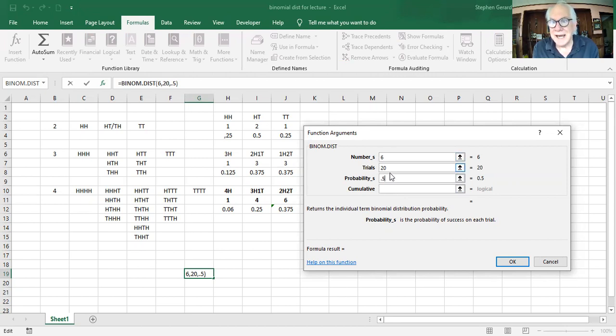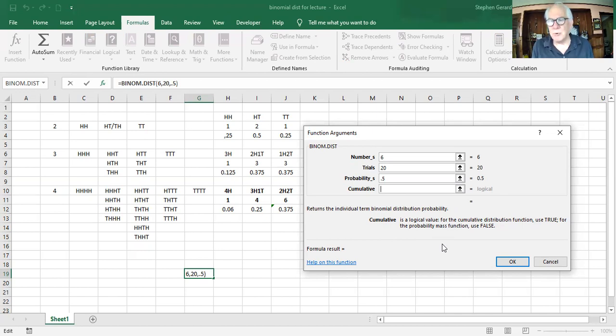If I said exactly, that's what I call, they don't use the same word here. They use the mass function when they talk about this in the dialog box. But I think of it as the point probability, the probability of getting that specific point, which is 6. Here's a logical value: use true for cumulative, and for what they call the probability mass function, use false.